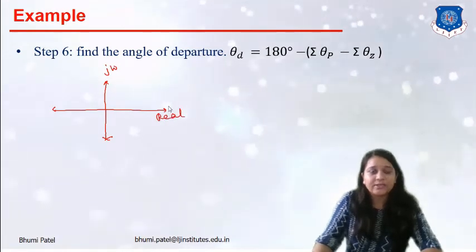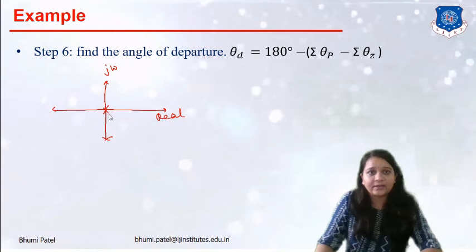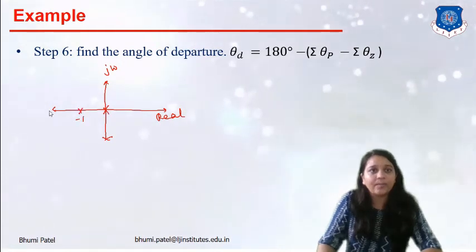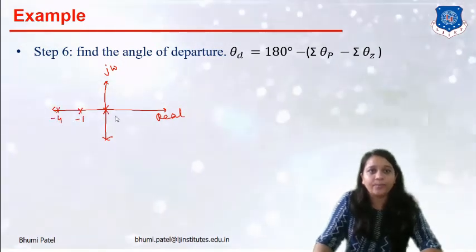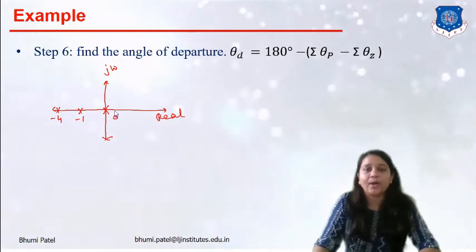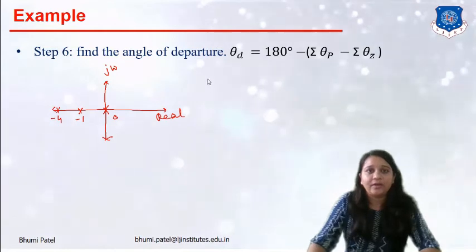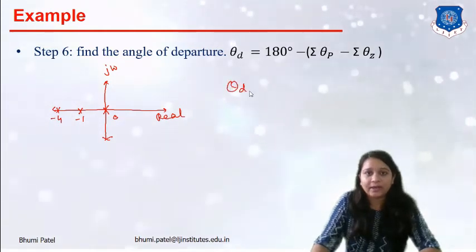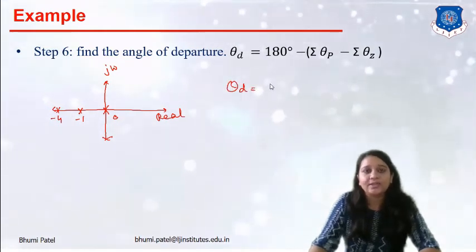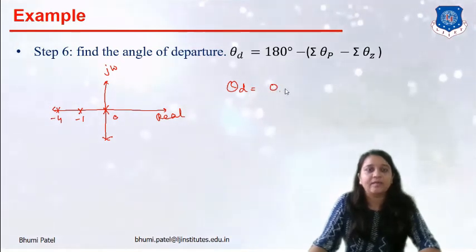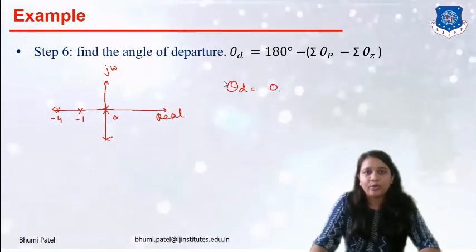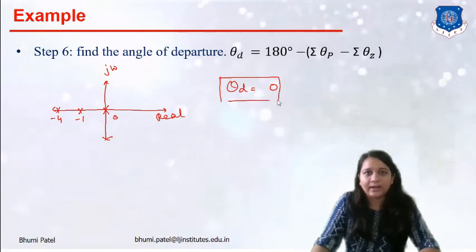Here you can see that the pole locations are at the 0 point, at the minus 1 point and at the minus 4 point. So there is no pole located in the imaginary axis, so we cannot find the value of theta d. For this particular transfer function, theta d is equal to 0.